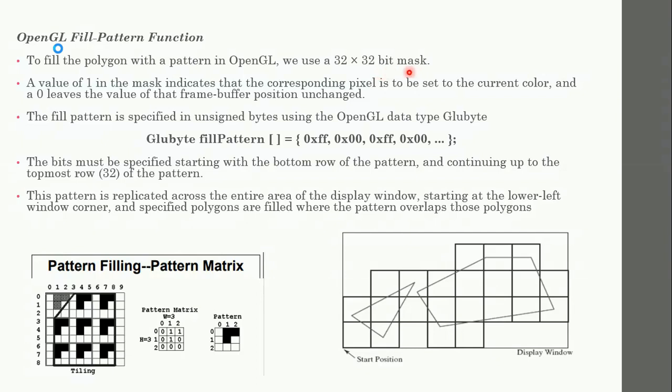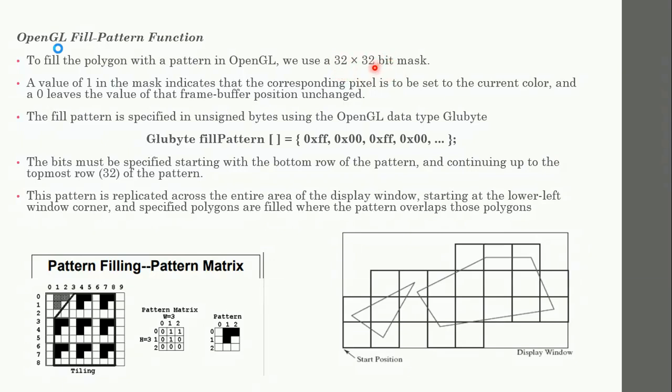You can have a 9 by 9 bit mask or a 3 by 3 bit mask also, but here it is defined as 32 by 32, which is the maximum bit mask.